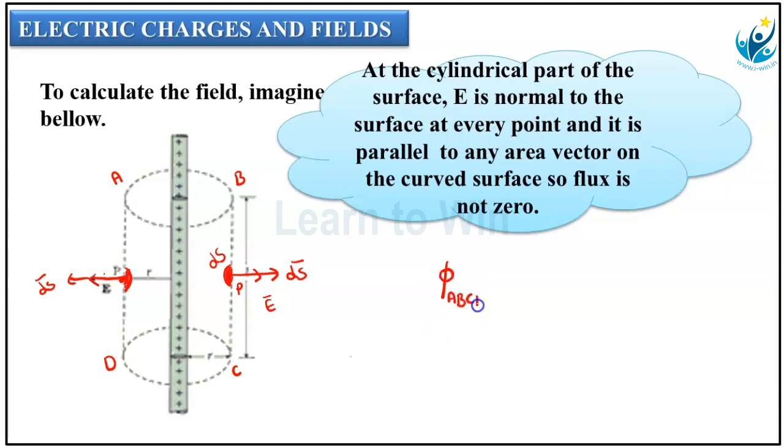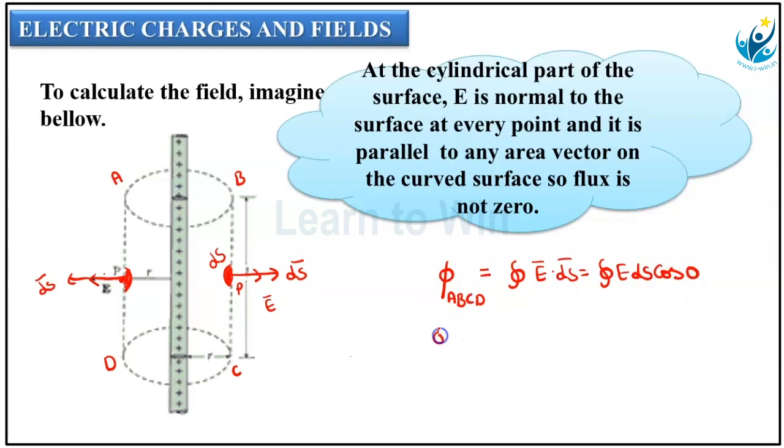The flux through this curved surface, the cylindrical part, how do you write it? Flux through AB, CD, the entire curved surface, is equal to closed integral E bar dot ds bar, which is equal to closed integral E ds cos theta. What is the angle between these two? 0 degrees. Means cos 0, and here the cos 0 value is 1.